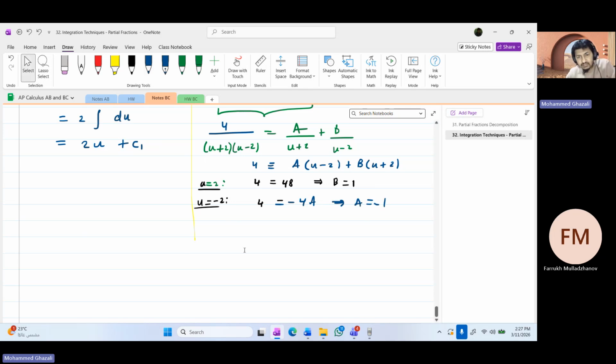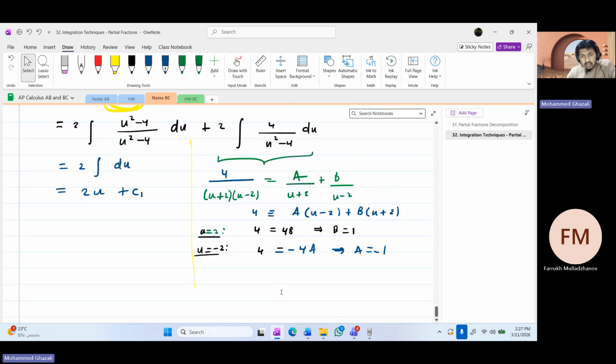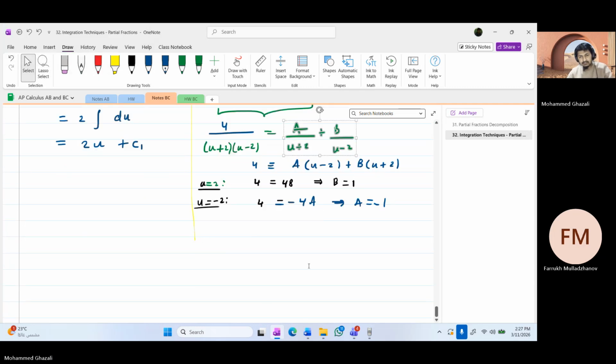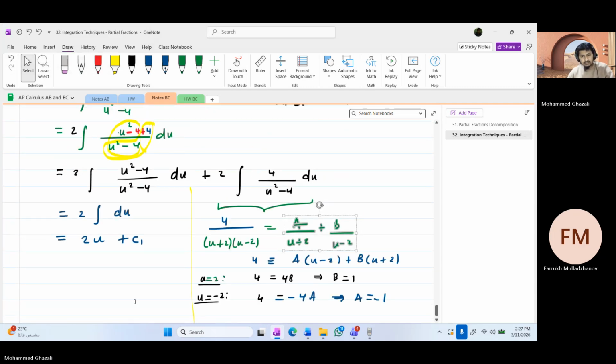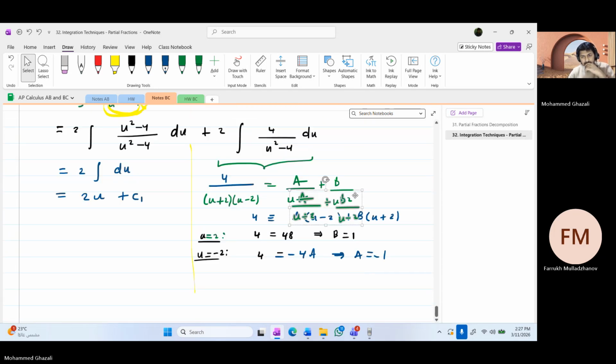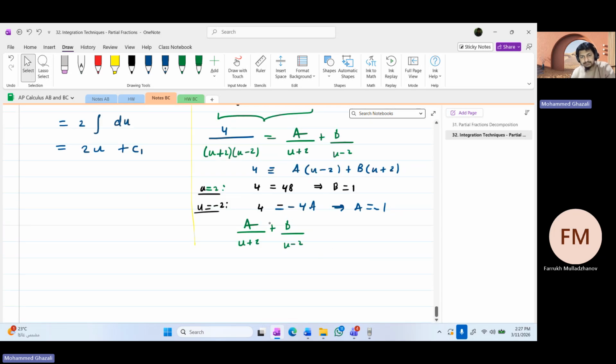Now, the integral of this, we know what the integral of this is now.